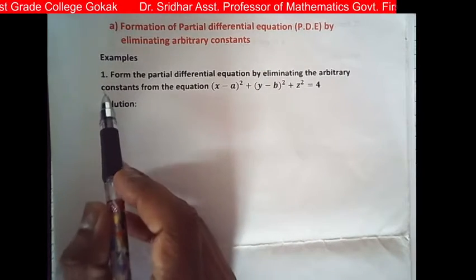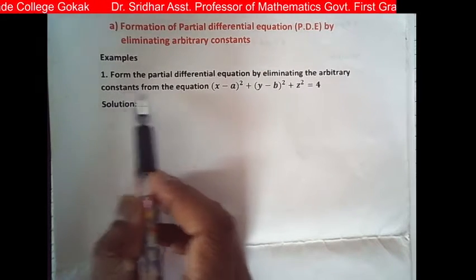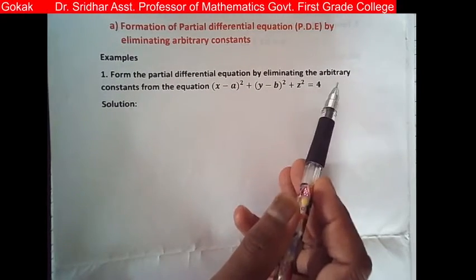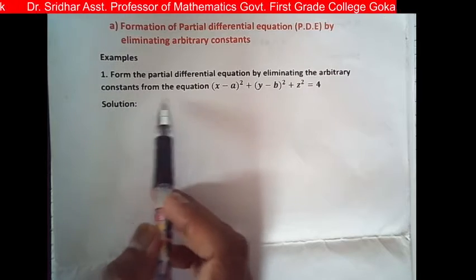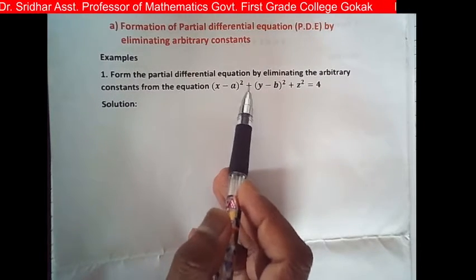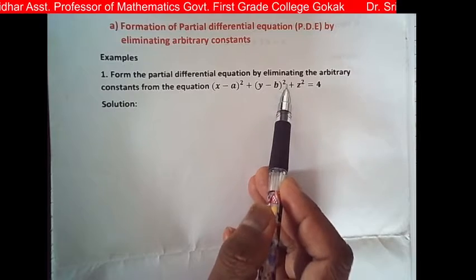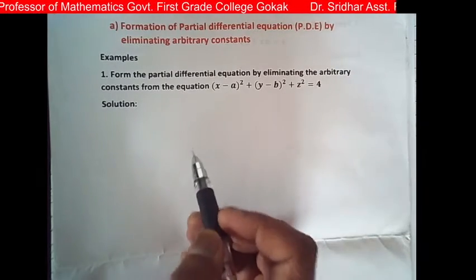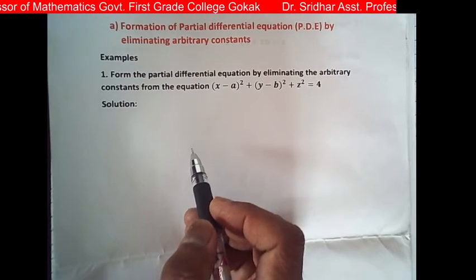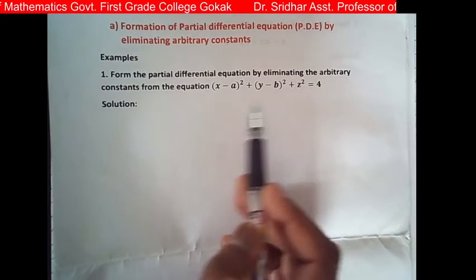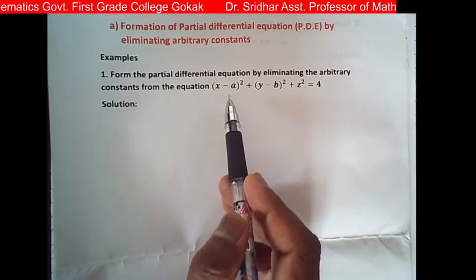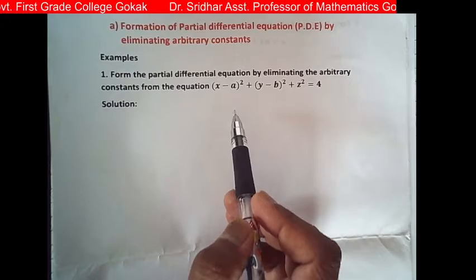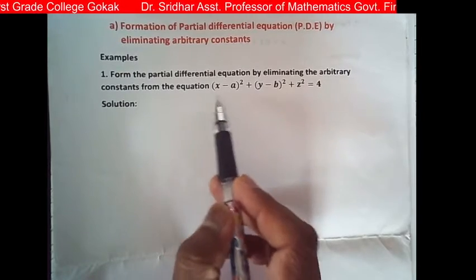So here the first problem: form the partial differential equation by eliminating the arbitrary constants from the equation (x minus a) whole square plus (y minus b) whole square plus z square equal to 4. So this is the given expression, and we form a partial differential equation by eliminating arbitrary constants from this expression.